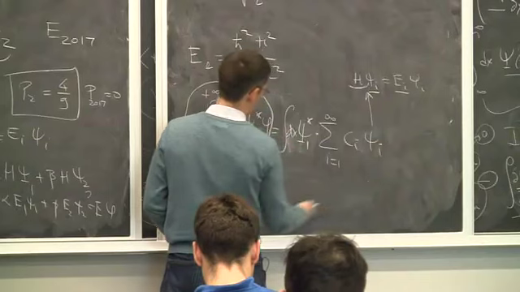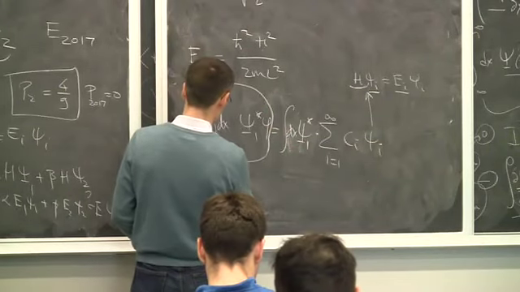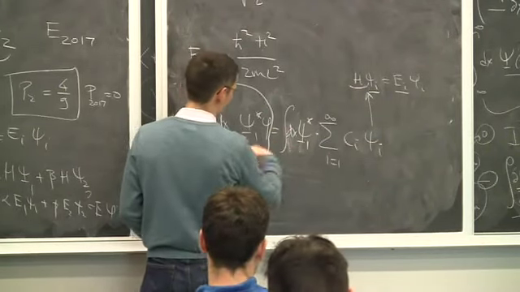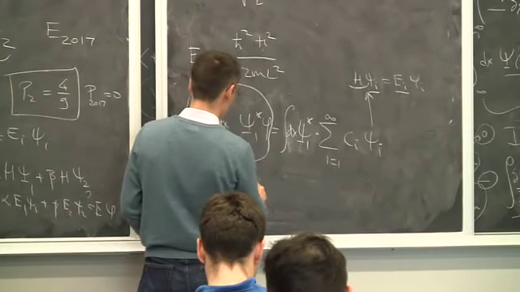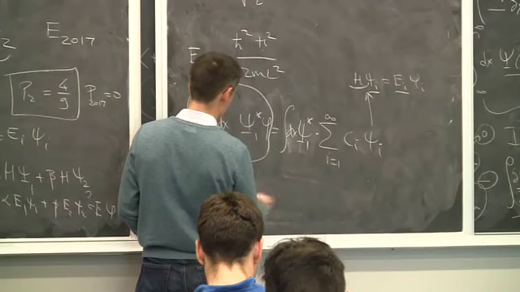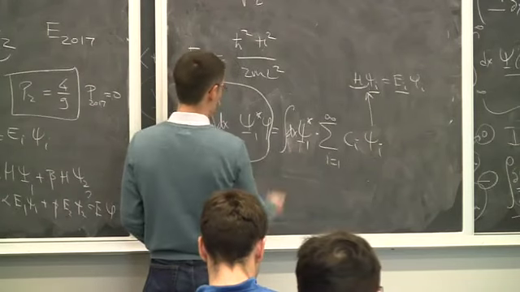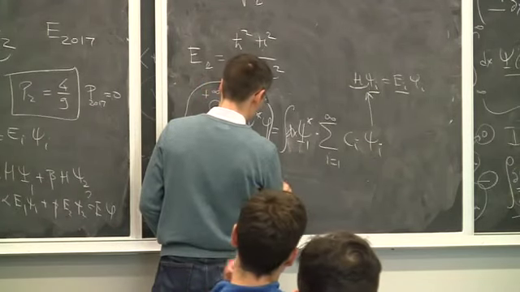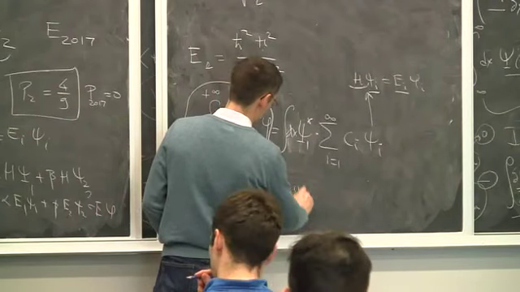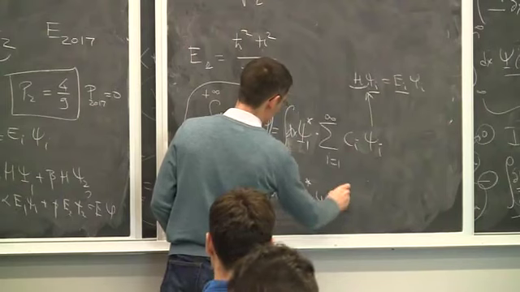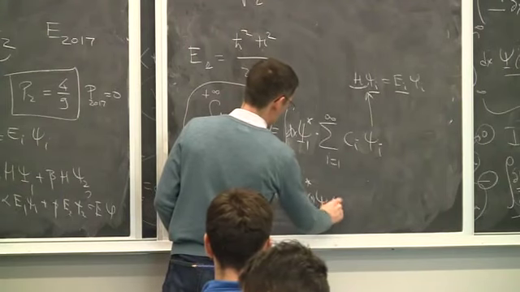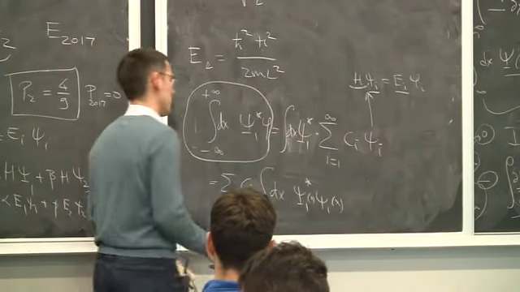But this part can be rewritten by taking the sum outside of the integral, right? And taking the coefficients outside of the integrals because they don't depend on x. And inside we have the integration of psi1 star, psi i, and they both depend on x, right?